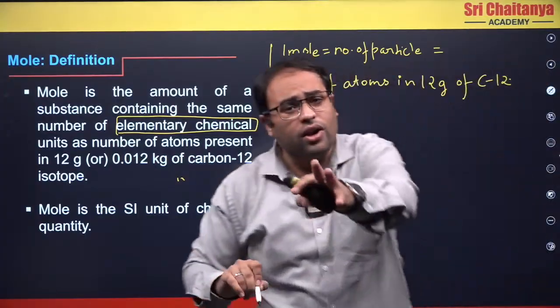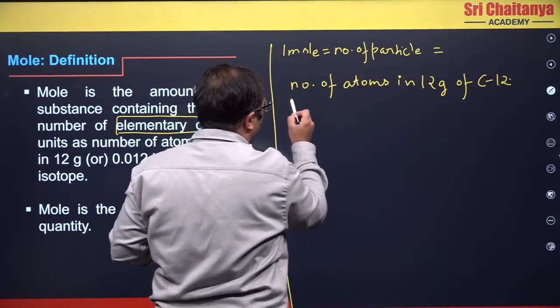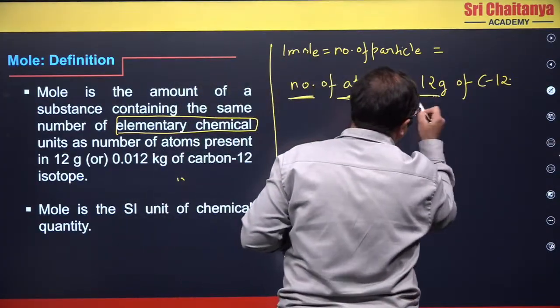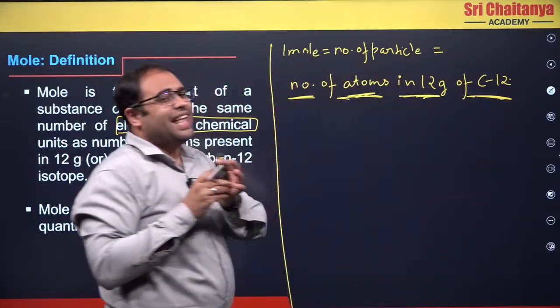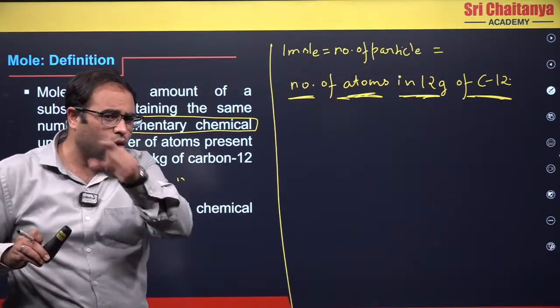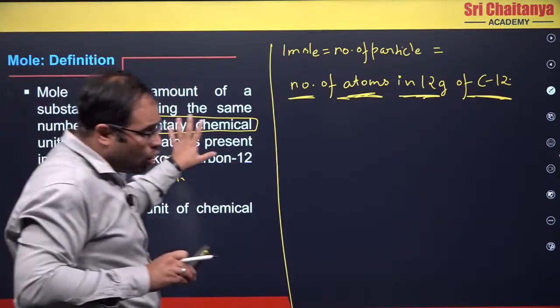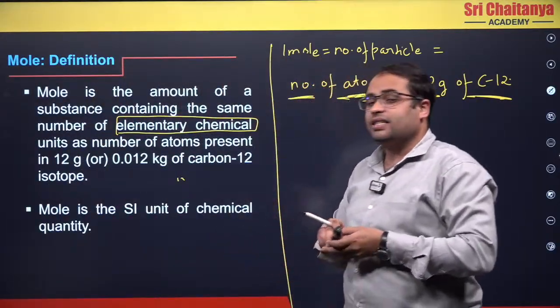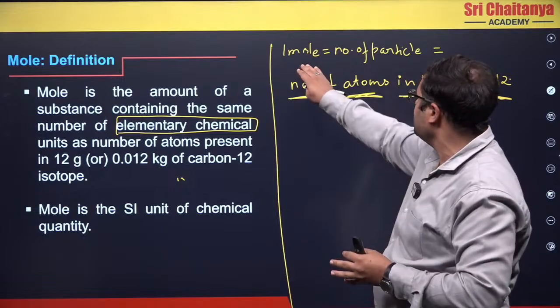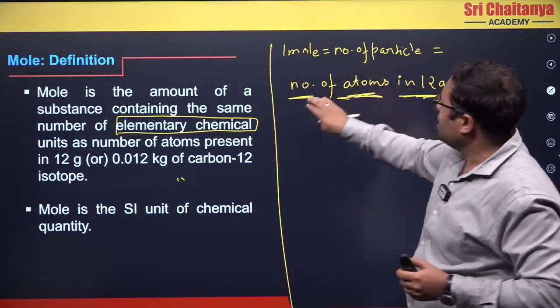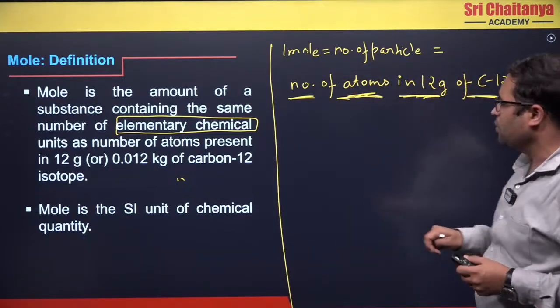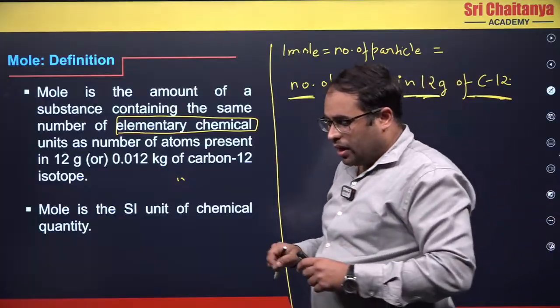So somehow if I am able to find the number of atoms in 12 grams of carbon 12, that will give me the value of 1 mole. Is this clear from this definition? Mole is the amount of substance which contains the same number of particles as there are number of atoms in carbon 12, right?